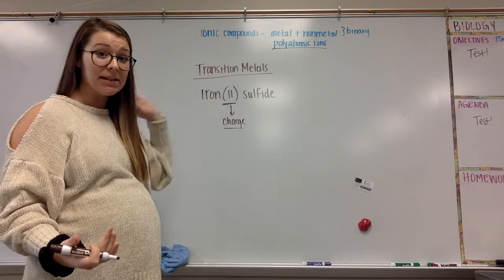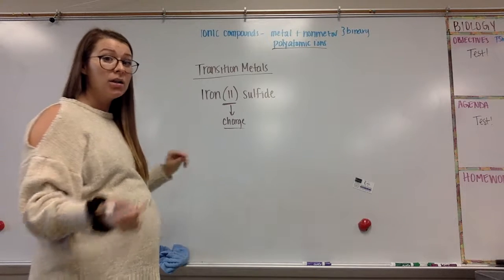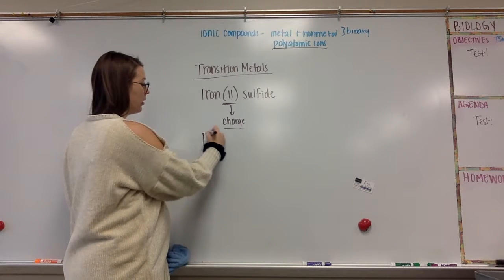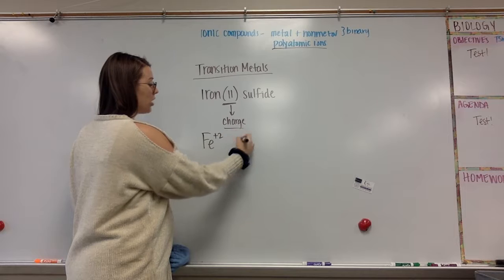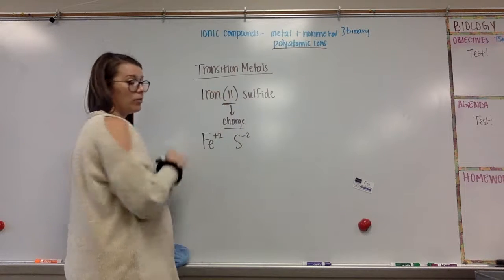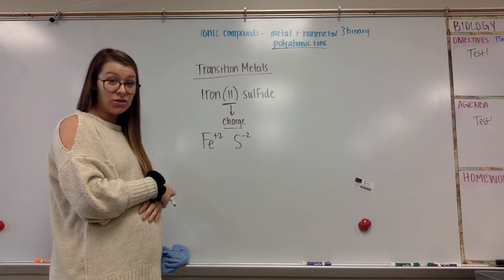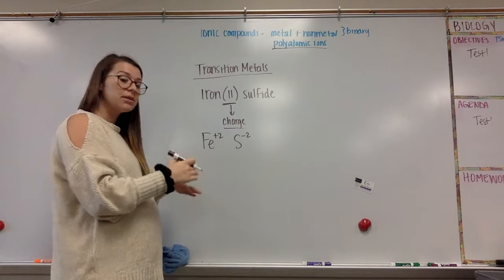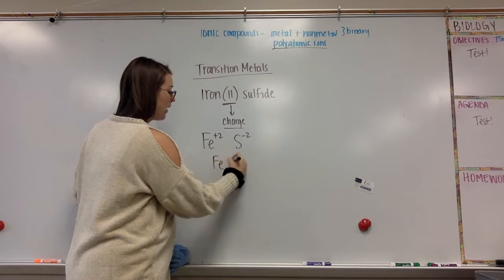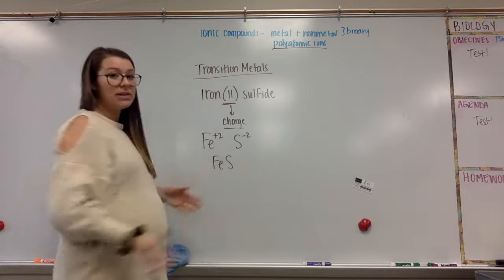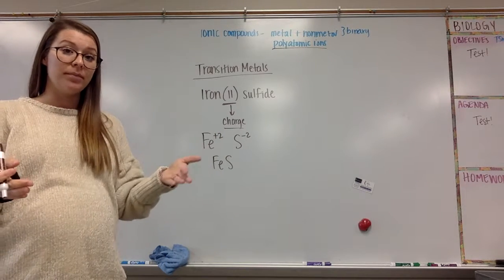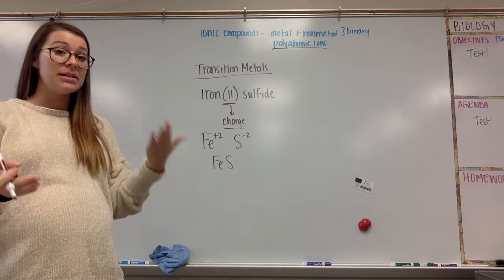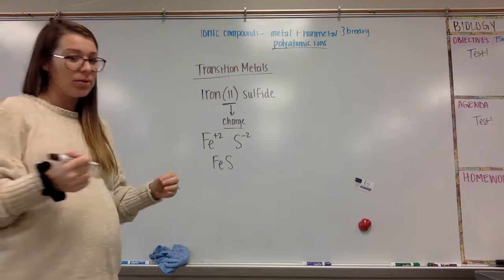That 2 in parentheses is the charge of the ion. So what you really have here is iron with a +2 charge and sulfide, or sulfur, with a -2 charge. When you drop and swap those, you have FeS because the 2's need to simplify to 1 and 1. Anytime you have something that can be simplified, you need to simplify those numbers.